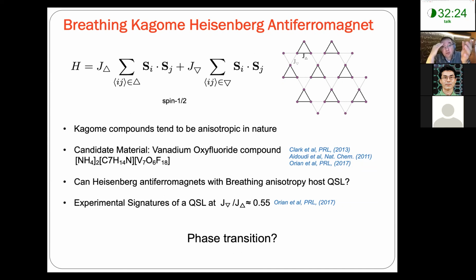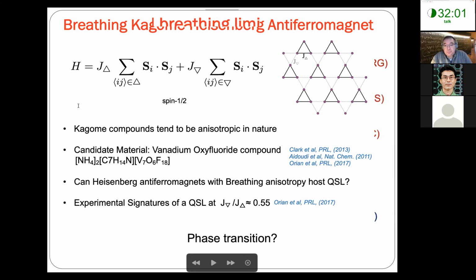We know that when the anisotropy is very large, essentially this is a crystal of upper and lower triangles. They just decouple. But at some point there must be a transition to the quantum spin liquid. So how is this transition? When does it happen? How large is the quantum spin liquid phase? How large is the other phase, and so on. All right, so this is a good problem to analyze with PEPS.